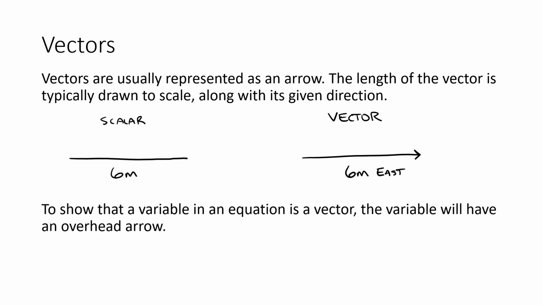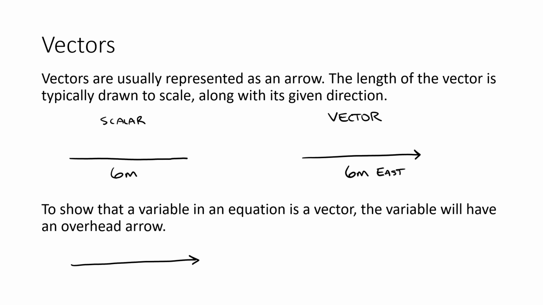To show a variable, maybe in a word problem or something, shows that something is a vector, instead of saying vector this and vector that, add this vector and that vector, a lot of times it's just simplified. You'll have a picture of a vector and it'll be labeled with some specific variable.